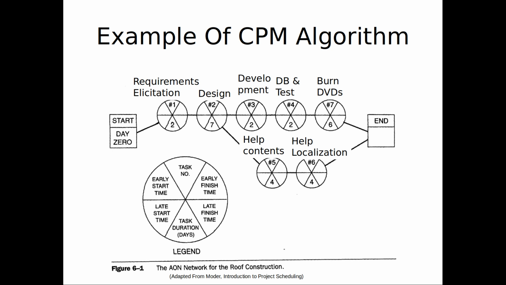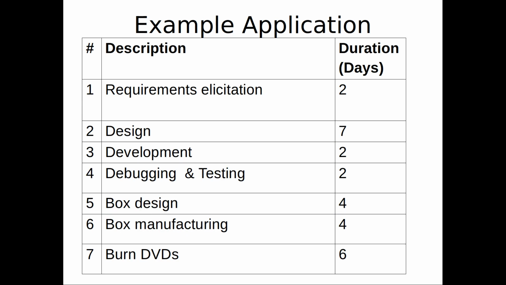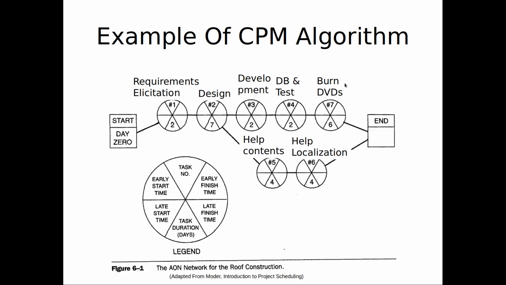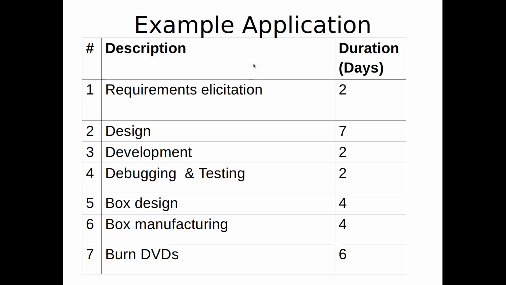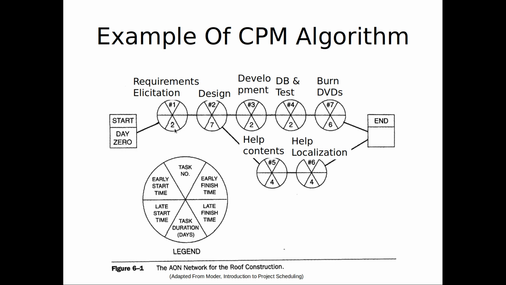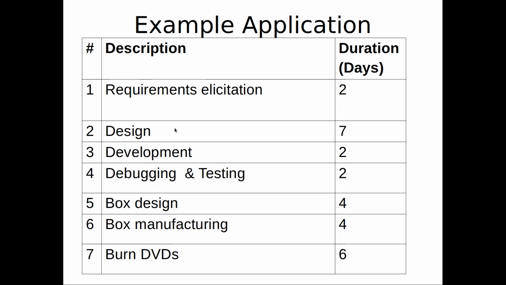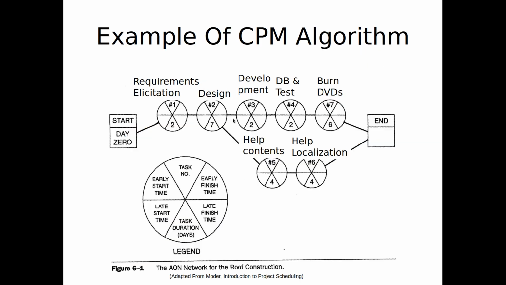The top number is the task number, and the bottom number is the duration. I've taken a bunch of tasks and boiled it down to a DAG, a directed acyclic graph. I've taken tasks like requirement solicitation and put it in here, and task number 2 is design. Do you see that?